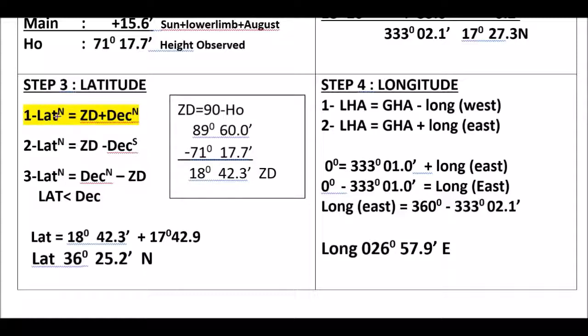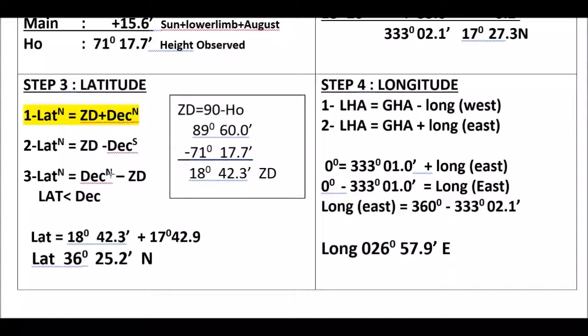If latitude and declination have the same sign, north, north, south, south, in this case, we will use number 1. If latitude north, declination south, or the opposite of it, we will use the second one. They are contrary to each other.